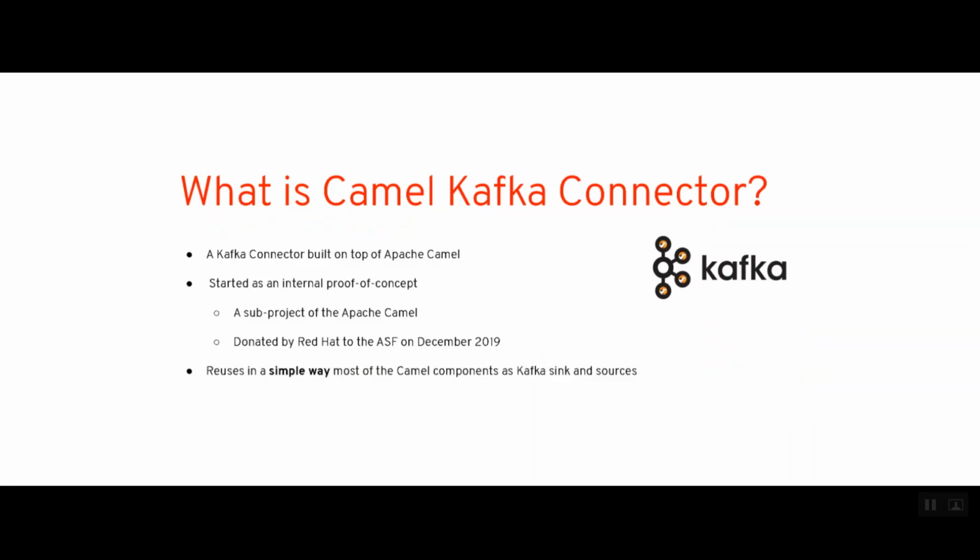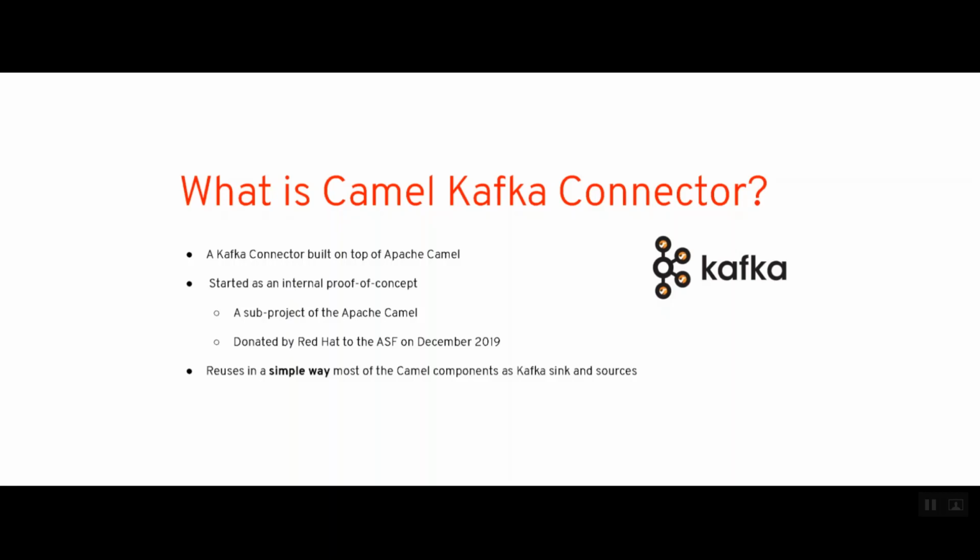But what is Camel Kafka Connector in the end? It's a big Kafka connector built on top of Apache Camel. So the idea is that using what we already have in Camel, we could build a connector for each component. So you will get 300 connectors for free, more or less.